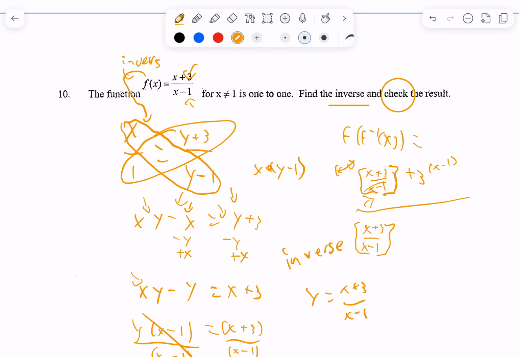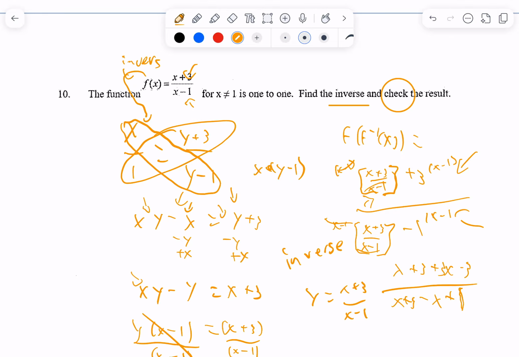Get rid of that x minus 1 on both sides. Minus 1 times x minus 1. And then we end up with x plus 3 plus 3x minus 3, because that's over here. And then the bottom one over x plus 3 minus x plus 1.